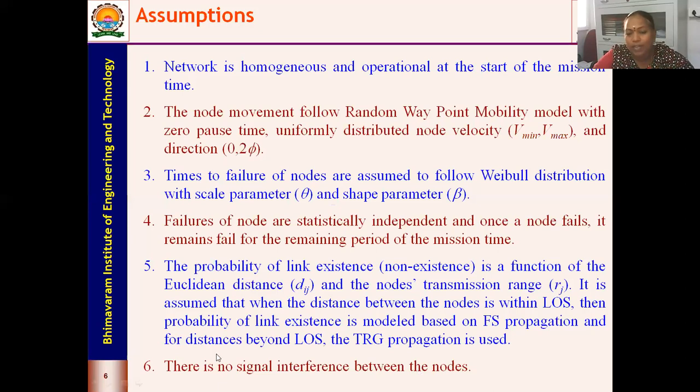Why? Because when we consider interference, there will be more complexities involved. So initially in this particular model, interference has not been considered. We have also worked out what the effects will be by considering interference, but here in this particular FDP, I am not dealing with that.